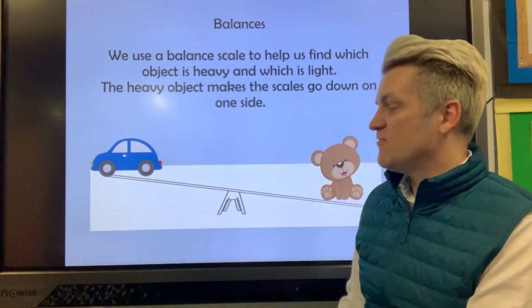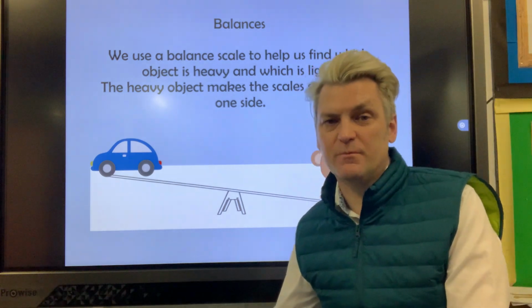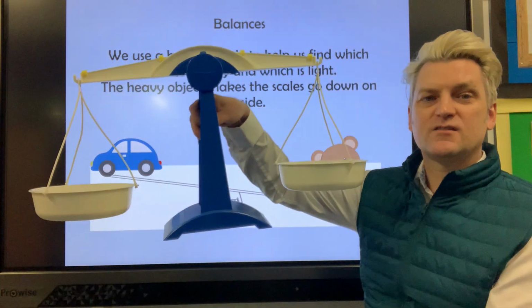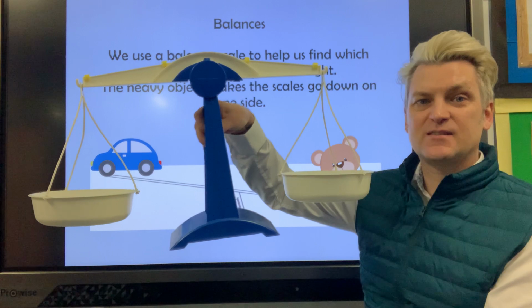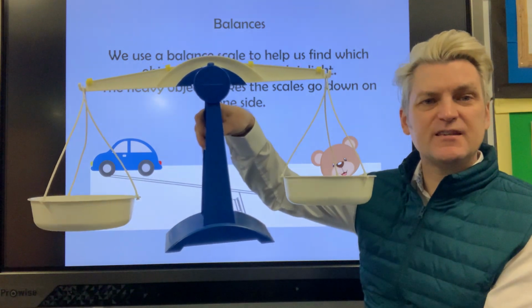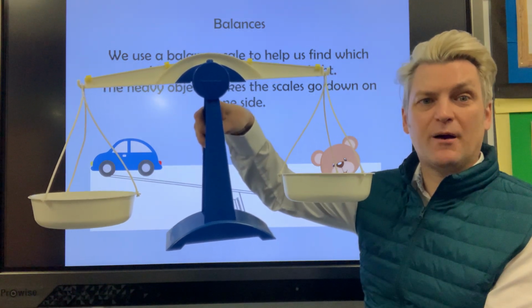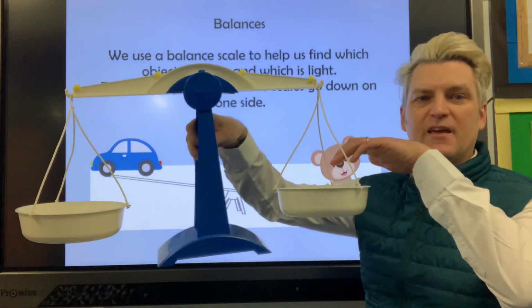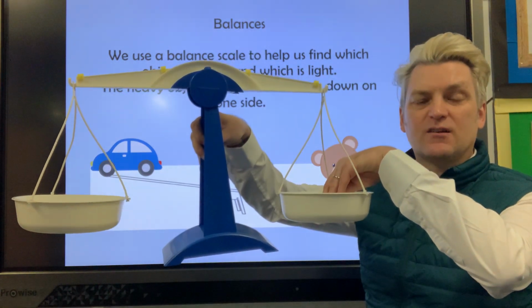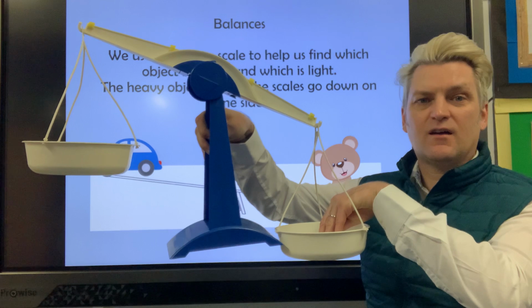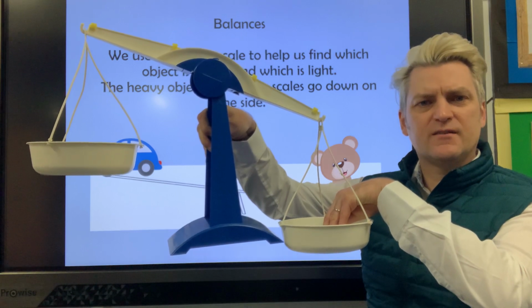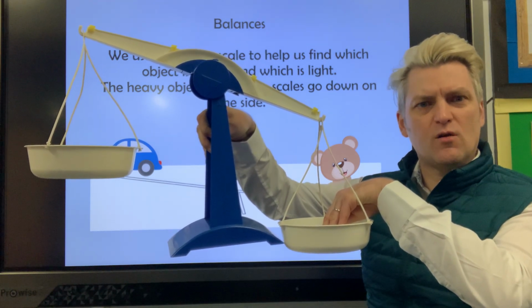Here we go. All right, now we're going to move on, because, can you see this? I've got a set of balance scales, and in the classroom, we've been using some balance scales just like this. Now, it's a little bit like a seesaw that you might see at some parks. And when something or somebody sits on one side, look, it goes down. And what happens to the other side? It goes up.